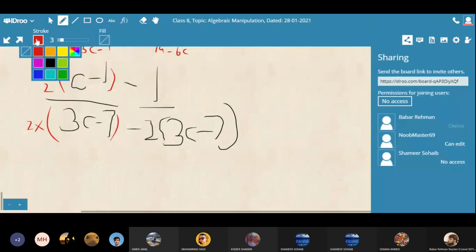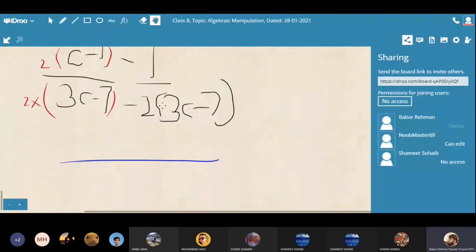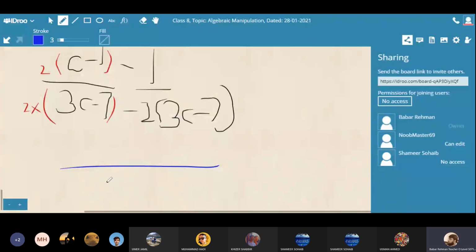Next step, please. 2 times 3c minus 7. Okay, student, you multiply by 2 with this bracket, so it becomes 2c minus 2 and negative 1. What is the final answer?